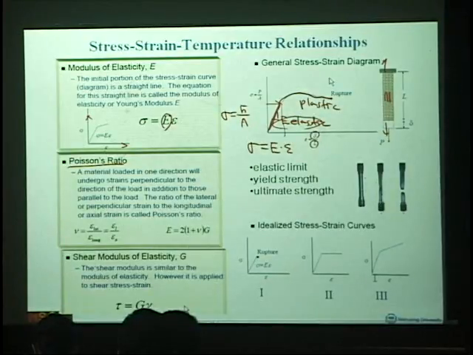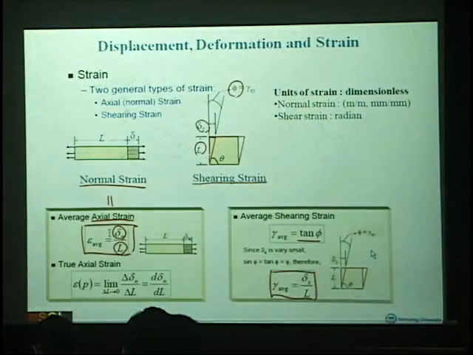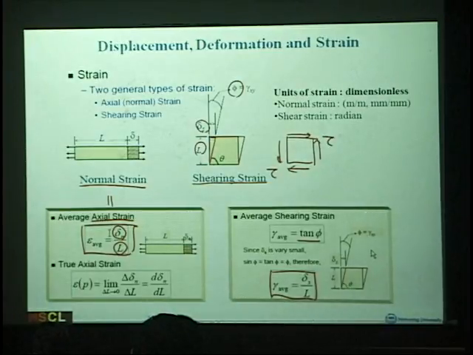The shear modulus has these relations. See, this one is subject to some stress. What kind of stress is this? We will define that later. I just want you to know that there is a way of defining the shear modulus. This is called tau, and this is gamma.